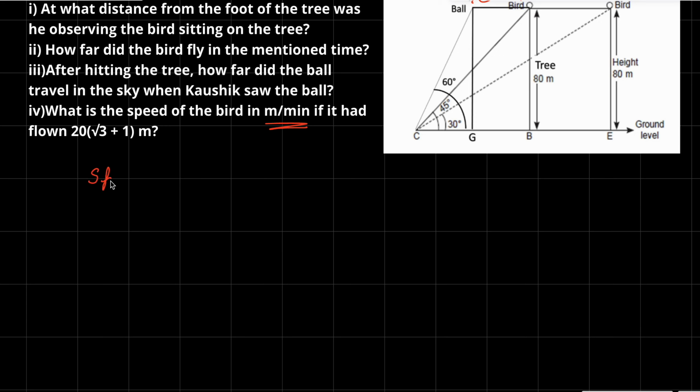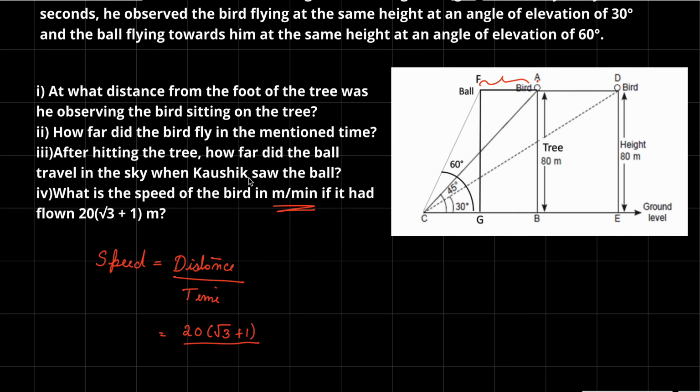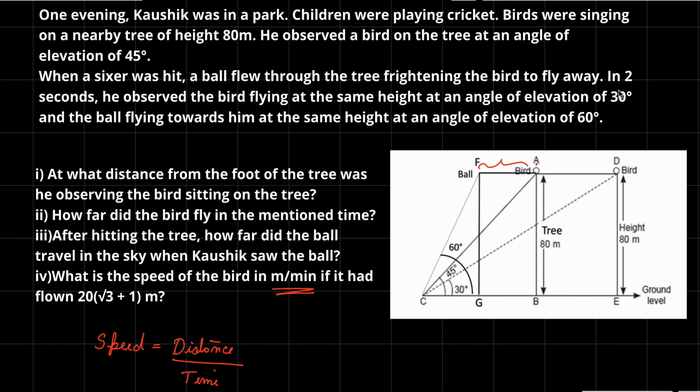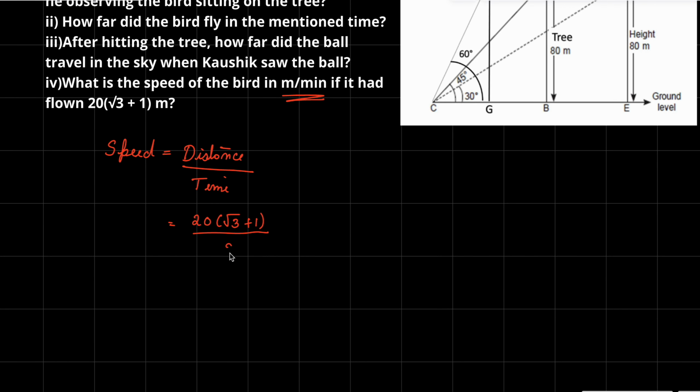So we know that speed is equal to distance divided by time. Now distance is given to us as 20 into (√3 plus 1). Time, it was given to us in the sum here that it has flown in 2 seconds. So time will be 2 here.